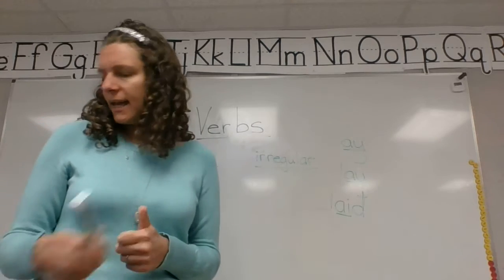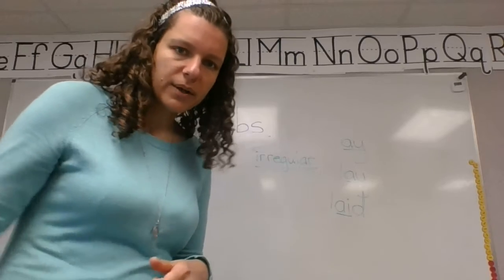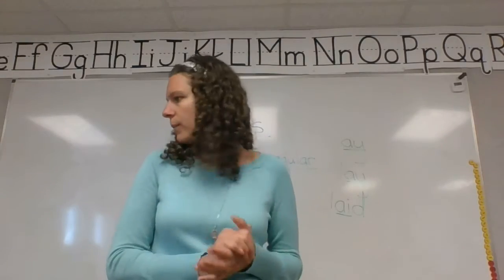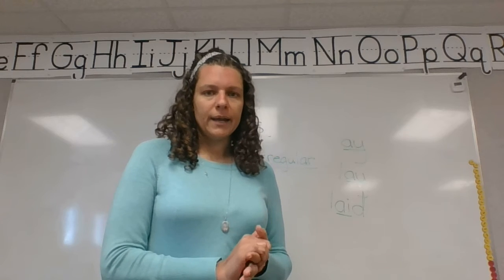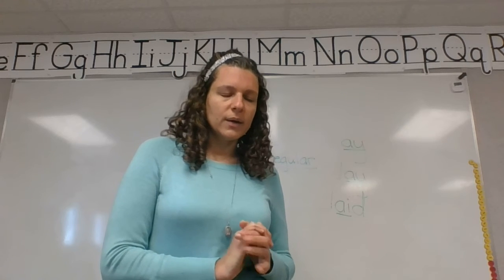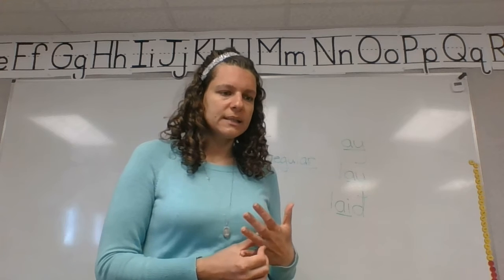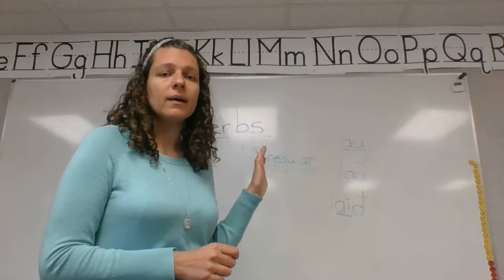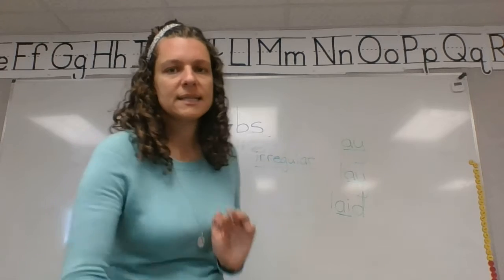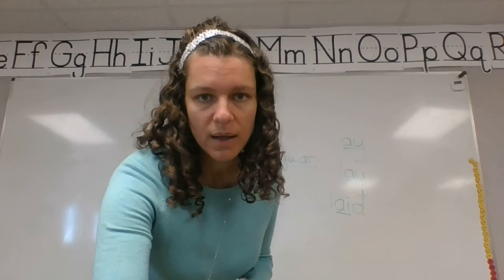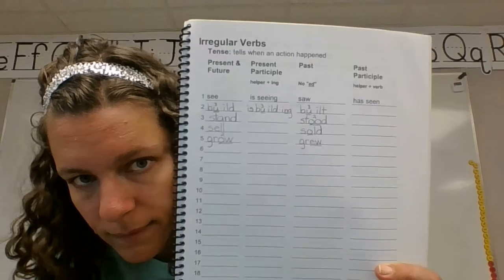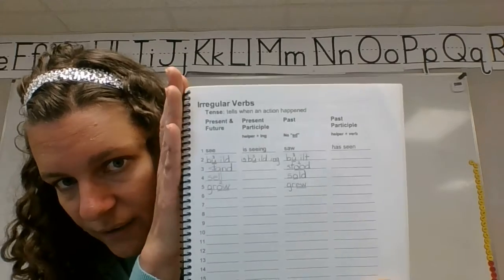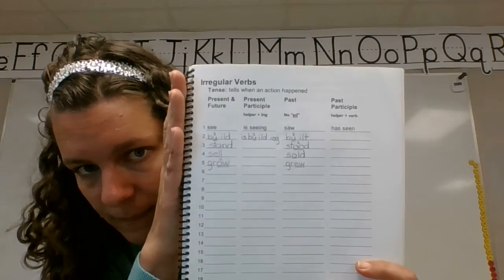So I can't remember if we already put this in our orthography notebook. It is not in mine. So you can check in your orthography notebook and see if you have already put lay and laid in there on page 19. If you haven't, I'll get mine out and show you where. All right, so lay is irregular, we know that.